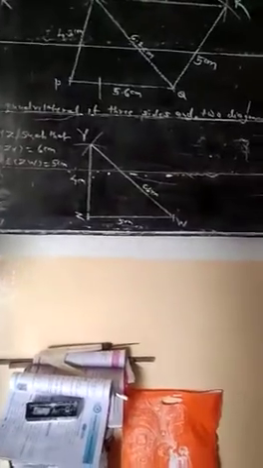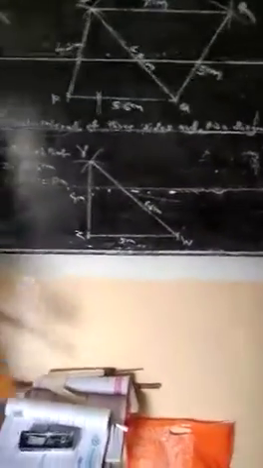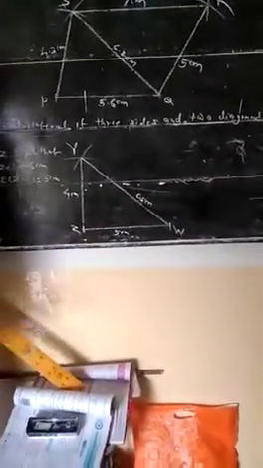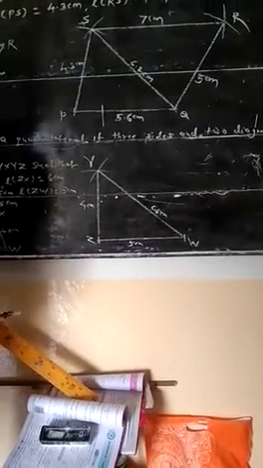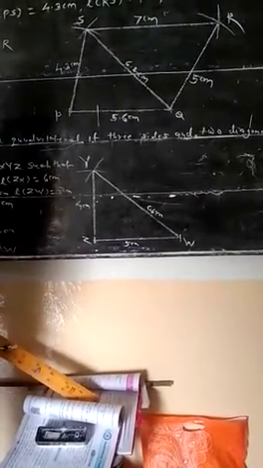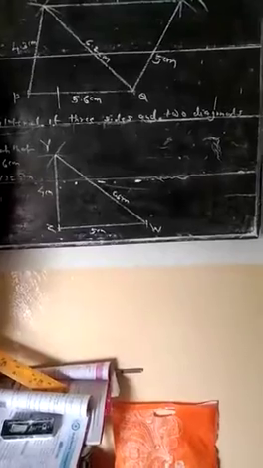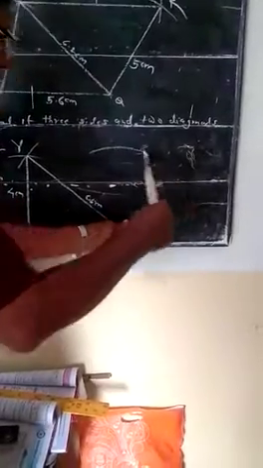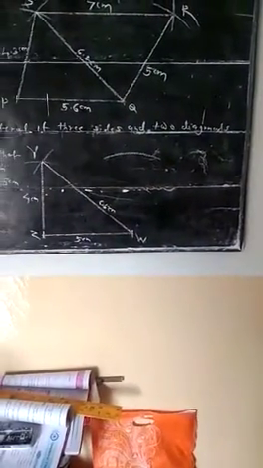Now construct this triangle YWX. Put 4.5 centimeter in the compass, and put the point on W. Then this diagonal is given as 6 centimeter.